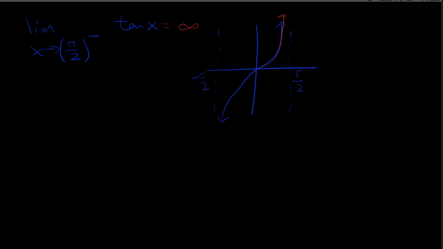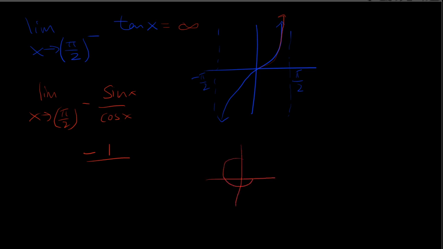Another way to think about it is, well, we can write tangent as sine over cosine. So we can have the limit as x approaches pi over 2 from the left of sine over cosine. We know sine of pi over 2 is just 1, so you'll have a 1 at the top. And cosine of pi over 2 is 0. And cosine, if we look at the unit circle, pi over 2 is here.